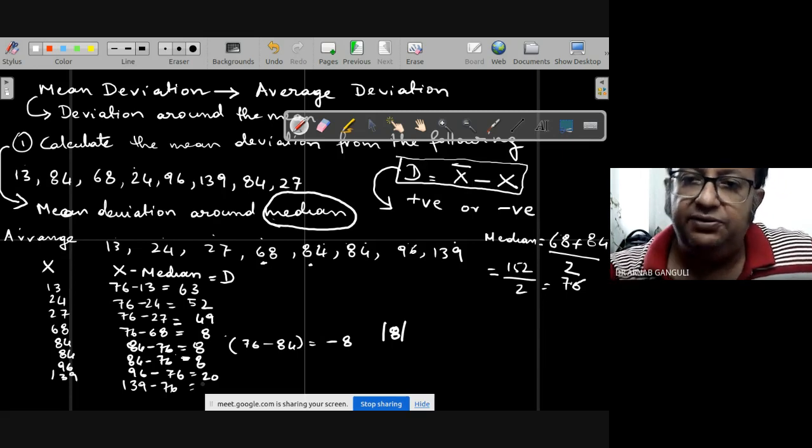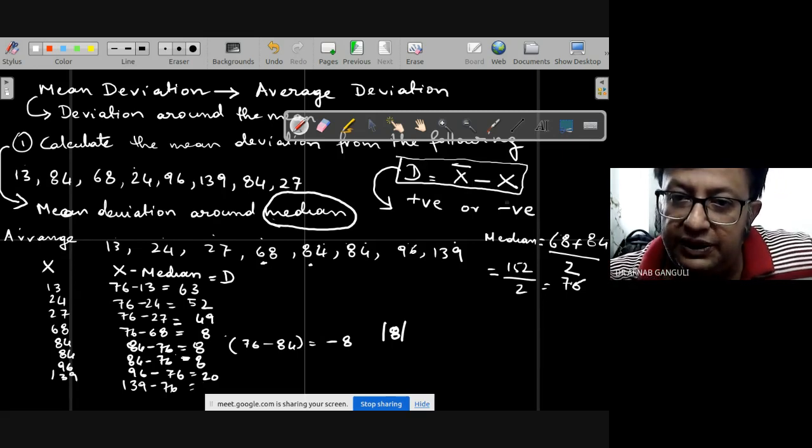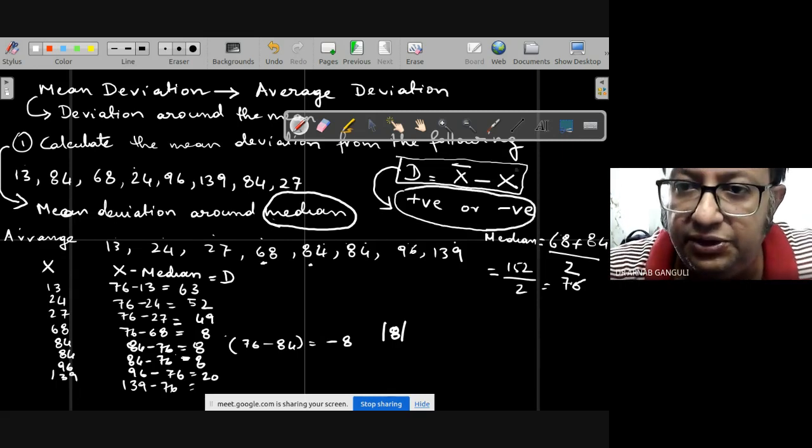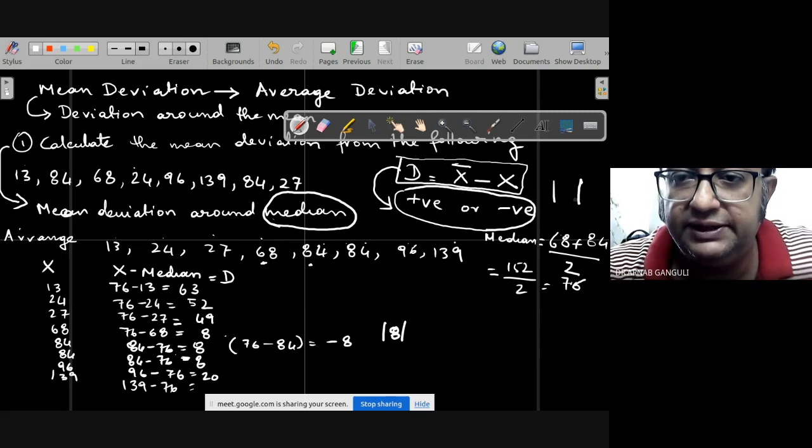It doesn't vary. So it can be positive or negative, but then you use a modulus.